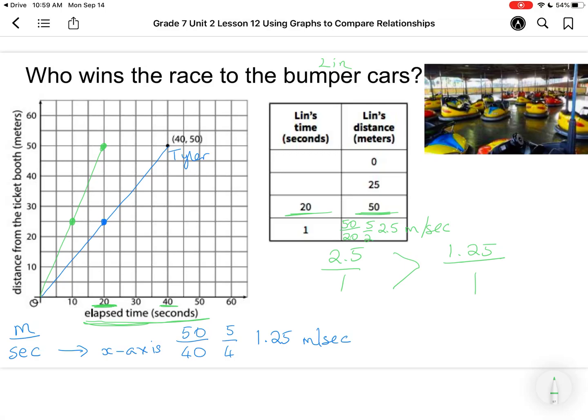And the line representing Lynn's journey is steeper, and the line representing Tyler's journey is less steep than Lynn's. And the steeper line represents the greater constant of proportionality, the quicker she runs. So that's a feature we can look for in other graphs as well.